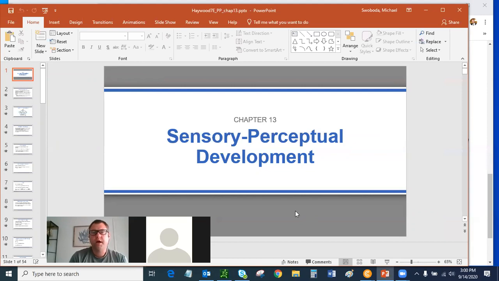So when we're talking about this sensory perceptual development, anything sensory is referring to your senses, and perceptual means your perceptions or how you view something. So sensory perceptual development is how you take your senses and use those to perceive the world.